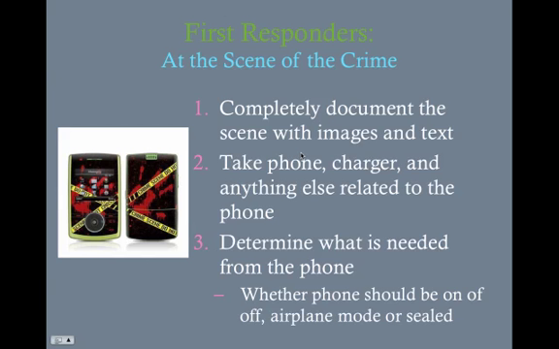The responder must determine what is needed from the device in order to determine what state the phone should be in. Before shutting off the phone and compromising the evidence, they must consider every possible place the evidence could be. Sealing the evidence in a radio-proof box prevents changes from occurring to the phone so that evidence is not compromised.